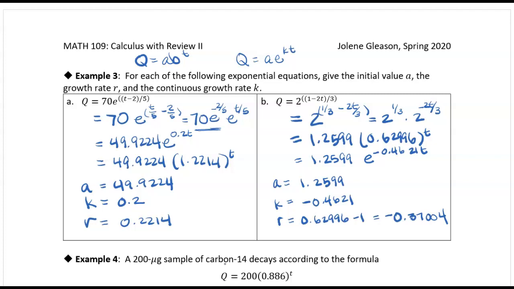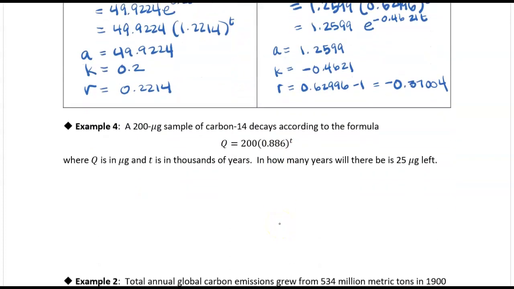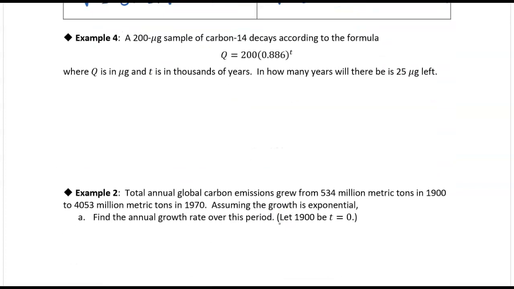So the next thing I want to talk about is just some examples of applications of exponential growth models. And again, we're going to be using logarithms as part of the solution. So in this case, we have a 200 microgram sample of carbon-14.